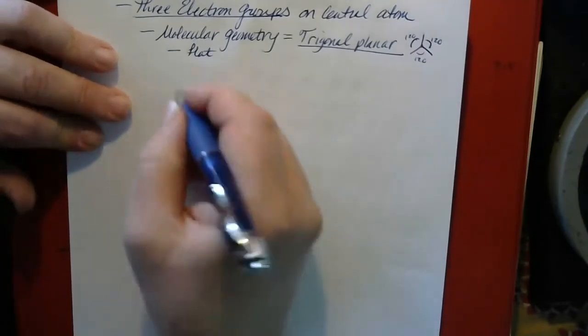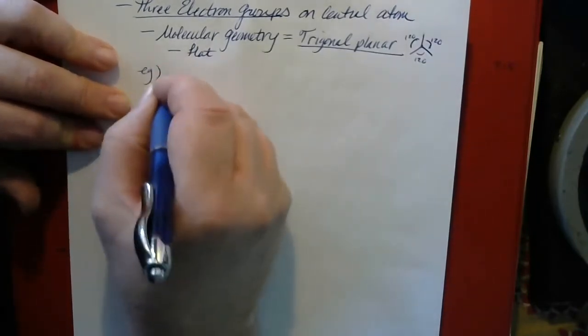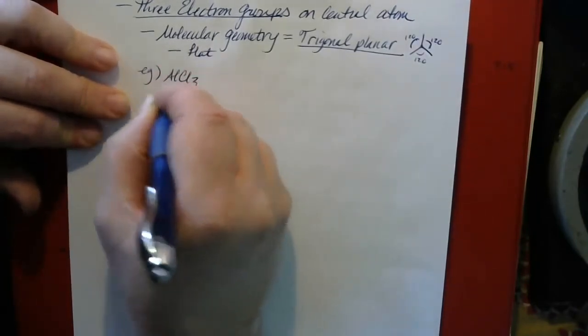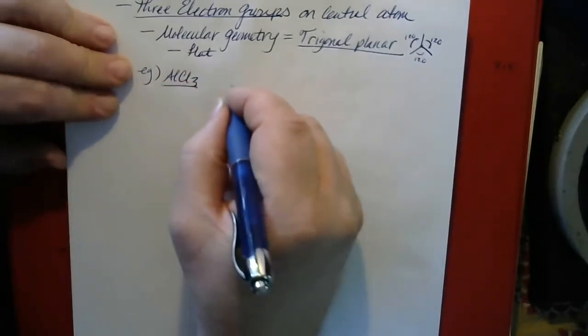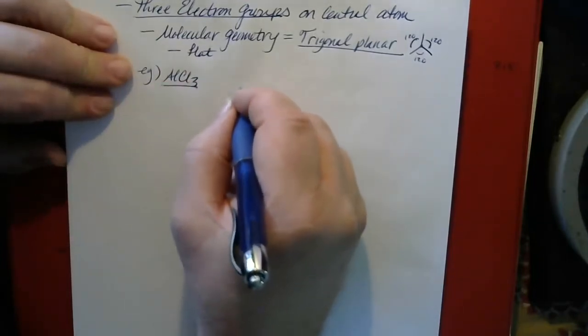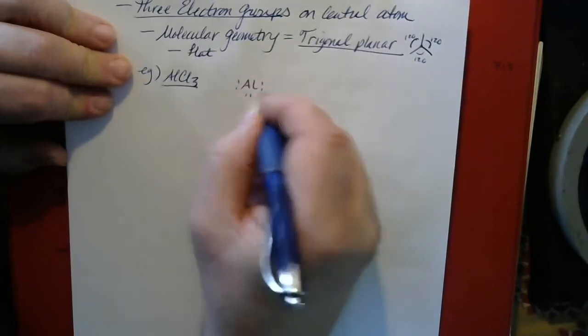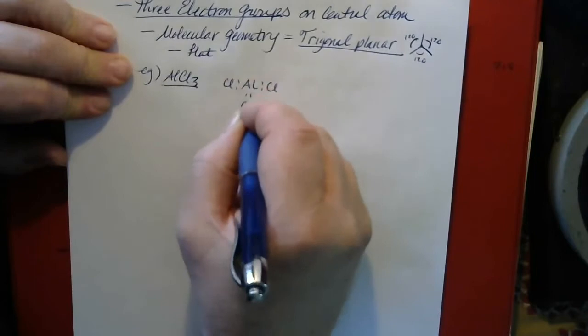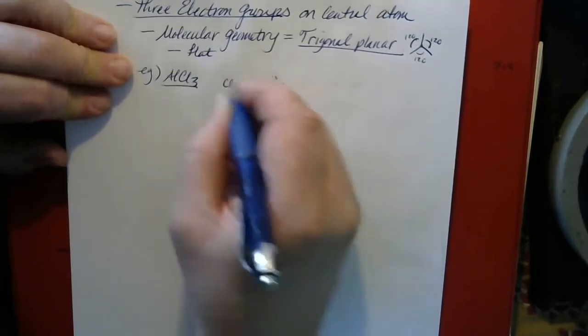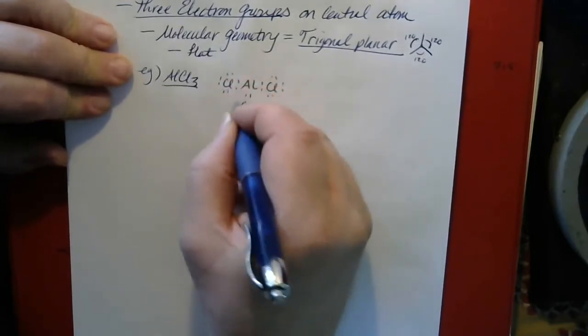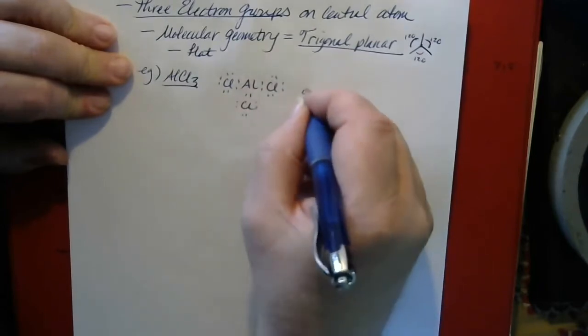An example of that would be aluminum chloride, AlCl3. When you do a Lewis structure, you end up with one of these.